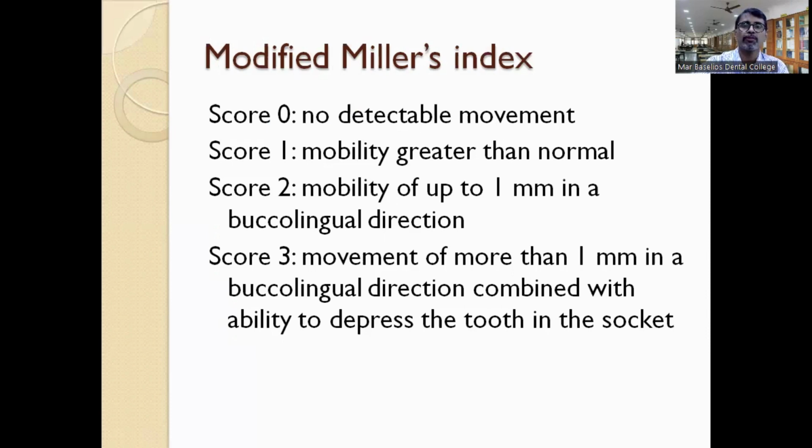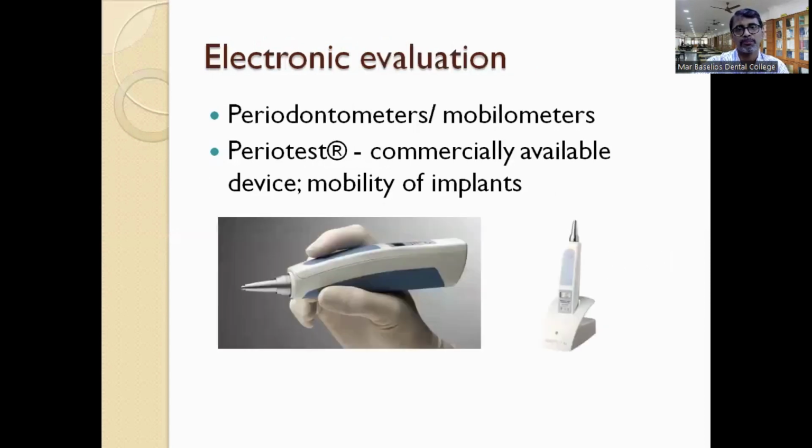Score 2, mobility of up to 1 millimeter in a buccolingual direction. 1 millimeter means relative to the adjacent teeth; the tooth in question can move up to 1 millimeter more than the adjacent teeth. And score 3, or severe mobility, what we call grade 3 mobility, is movement of more than 1 millimeter in a buccolingual direction combined with the ability to depress the tooth in the socket.